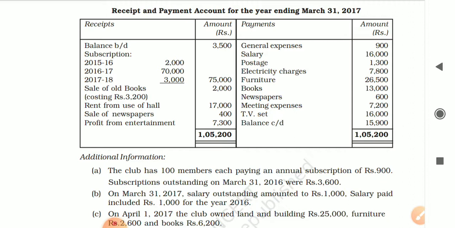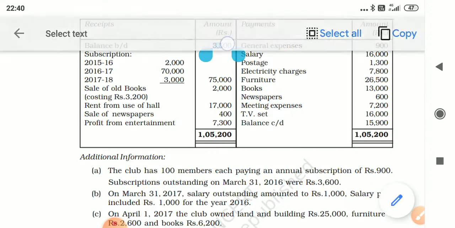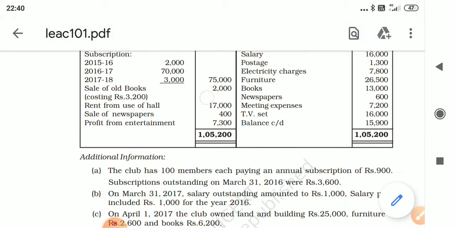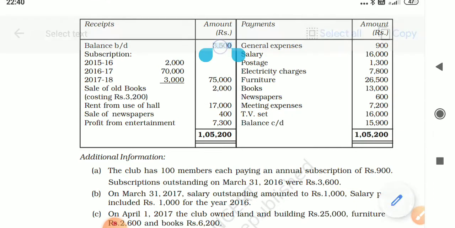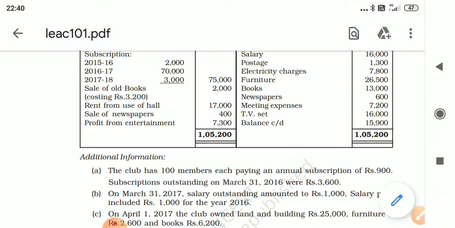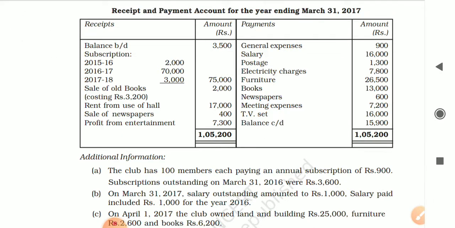You have to prepare opening balance sheet also in this question. So this will appear in the opening balance sheet asset side. Cash, opening balance sheet asset side, 3,500. Subscription, 3 years split up is given. Take current year split up 70,000.